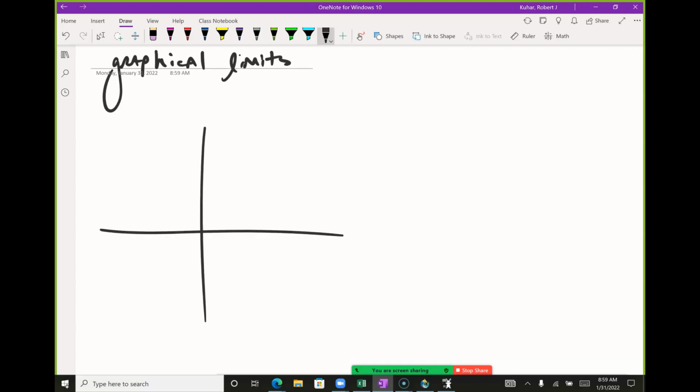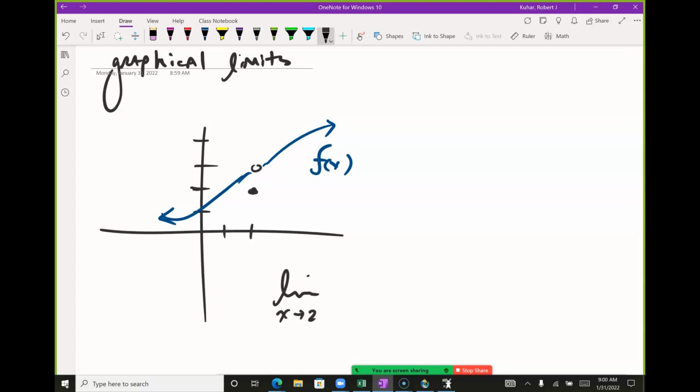So I want to look at C, and I'll pretend that every tick mark is a 1, right? So this is f of x. I want to look at the limit as x goes to c, x goes to 2, of f of x.